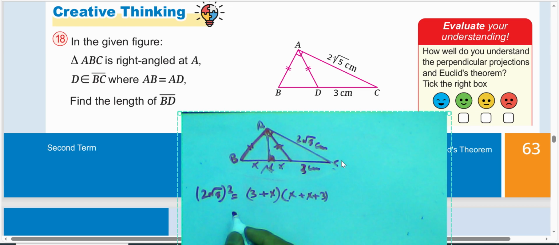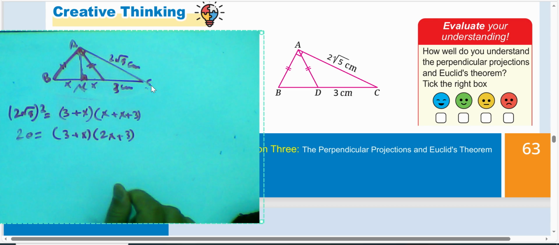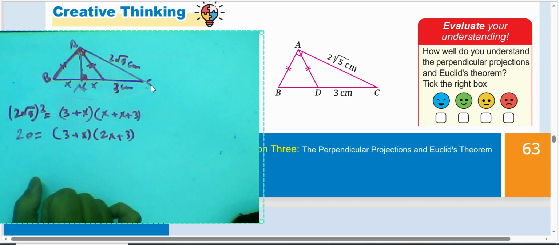So we have an equation with one unknown variable x. 2 root 5 power 2 is 4 times 5, which is 20. 3 plus x product by 2x plus 3. Okay, you can complete with me to find the length of DB. We want to find 2x in the end.